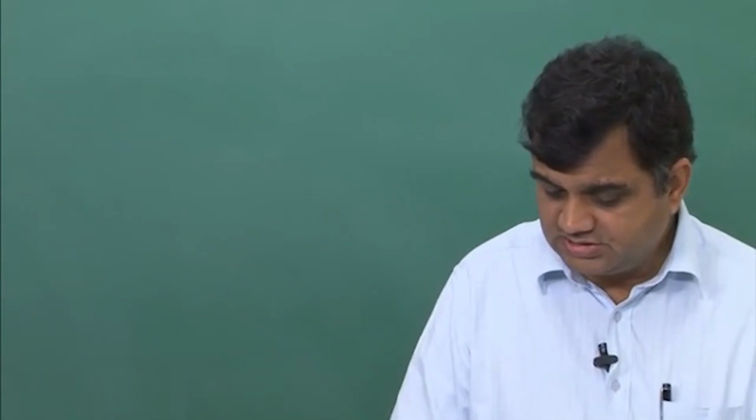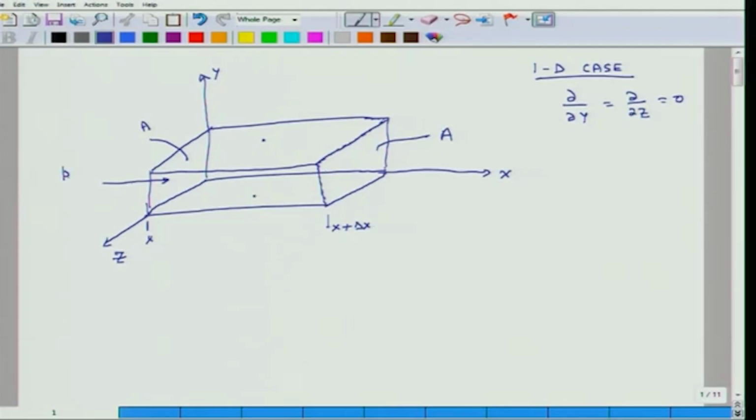So you have an external pressure Pt on its left face, and that pressure is a function of x and t. It should actually be capital P. And then on the right face, you have another pressure, and that is also Pt, but as I explained, it's a function of x.